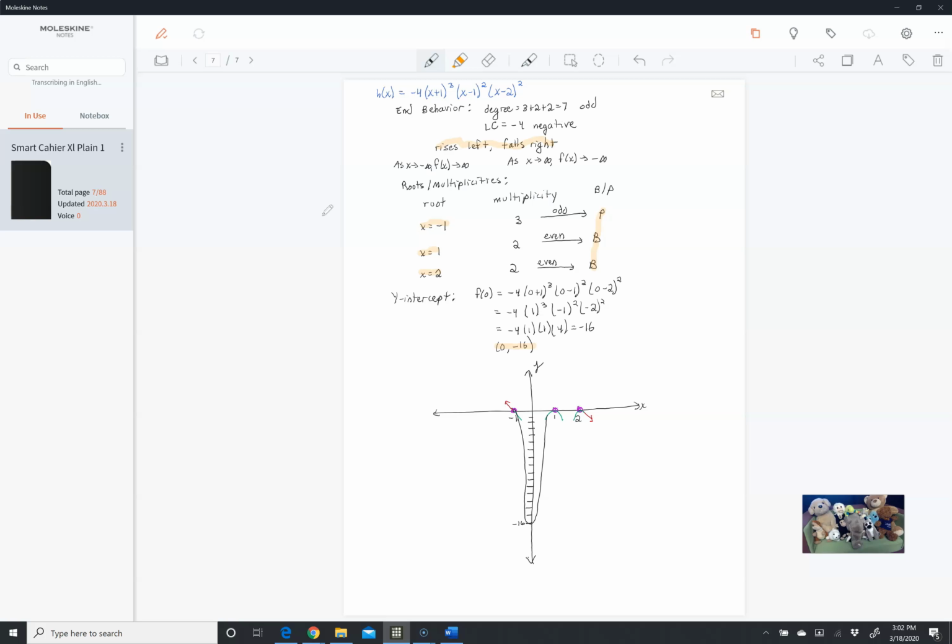If we want to know what's happening between 1 and 2, we could just approximate. If we were to put in 1.5, for example, 1.5 plus 1 gives us 2.5. You're just plugging it in and approximating. We know that we're going to be multiplying something by -4. Just plug in with your calculator and see, does it go off the axis or not?